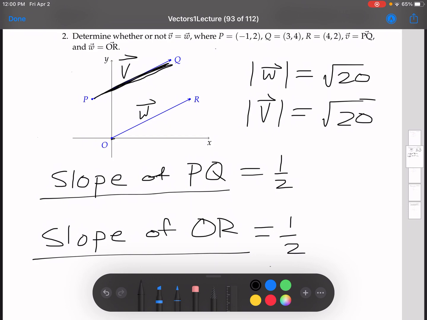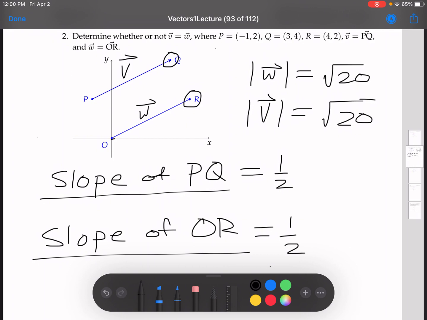Now, there's another piece to tell if they have the same direction, in our special case of working in only 2 dimensions, x and y here. And that is that these arrows are both pointing the same direction as well, right? So they're both angling up and right.